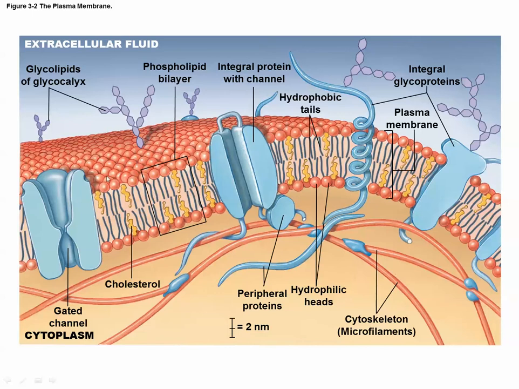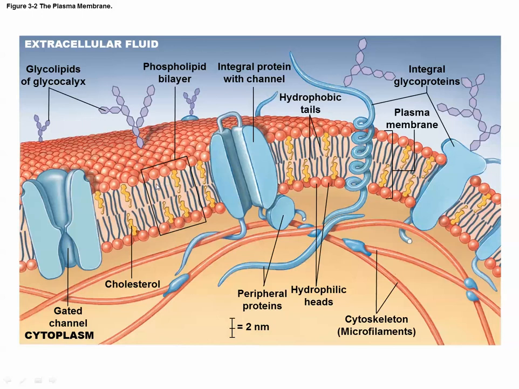So here it is, and it looks like it has some complexity to it, but it really isn't. At the core, we have what we call the phospholipid bilayer. You probably remember when we talked about how certain molecules can like water or not like water. A phospholipid has a hydrophilic head that likes water and hydrophobic tails that don't like water.